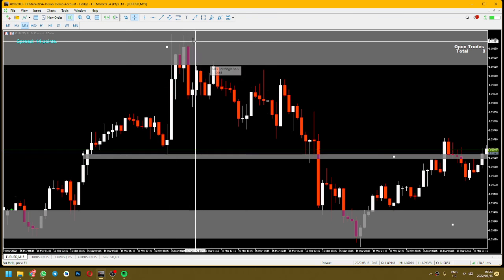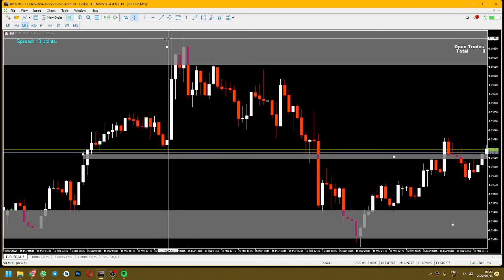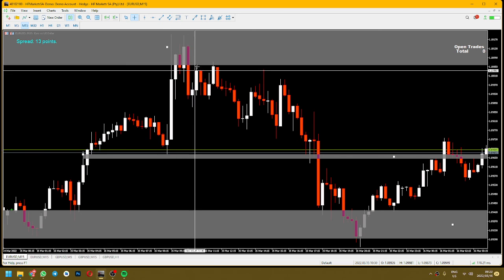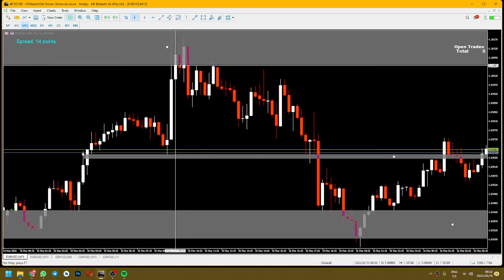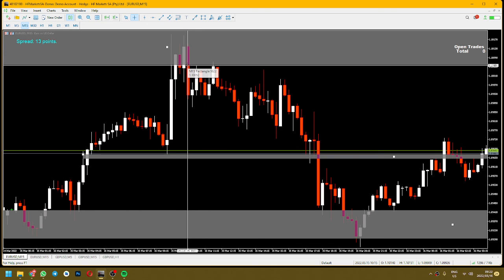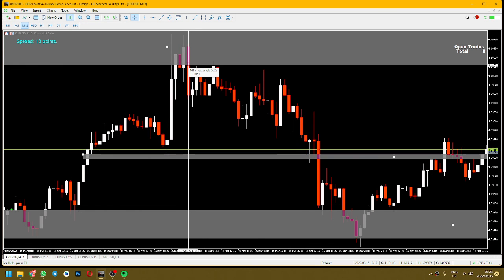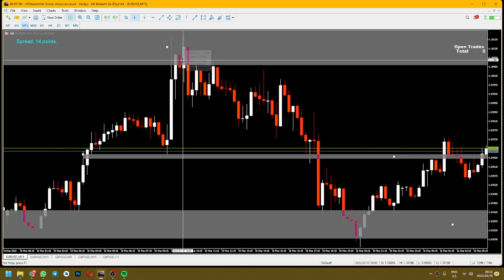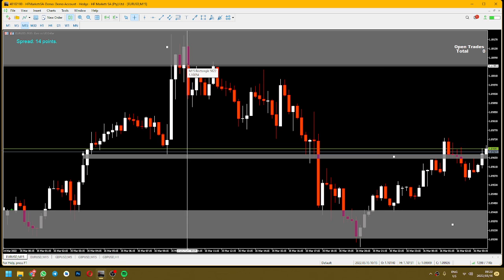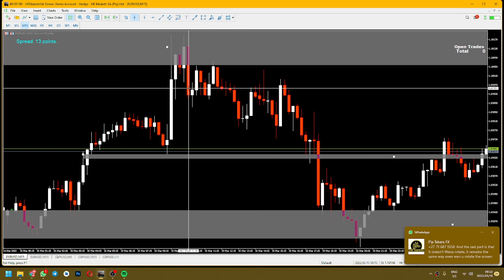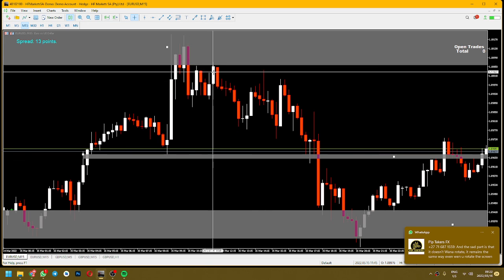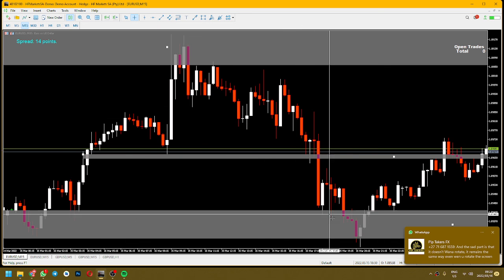Normally in high time frames, this represents a wick rejection. That's what we call them, wick rejections. From this moment on, the market started going down.